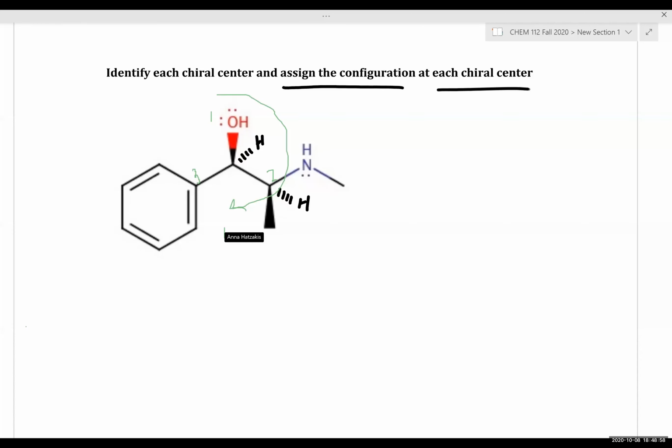And I'd be happy to provide feedback. So we have our first proposed assignment that the first center is R.